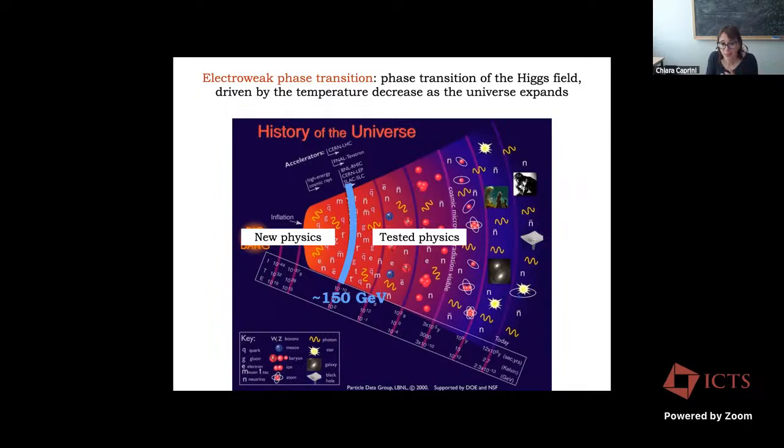We then have, and this we know must have happened, the electroweak phase transition, which is the phase transition of the Higgs field that gave masses to the W and Z bosons.